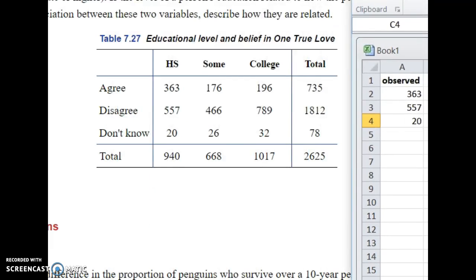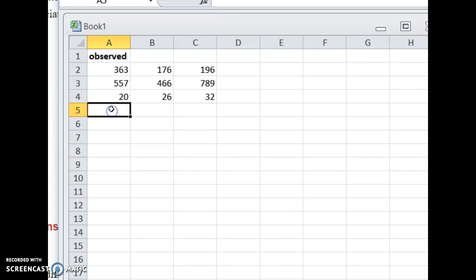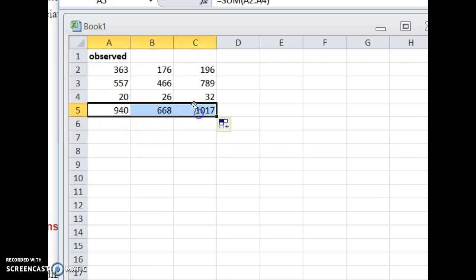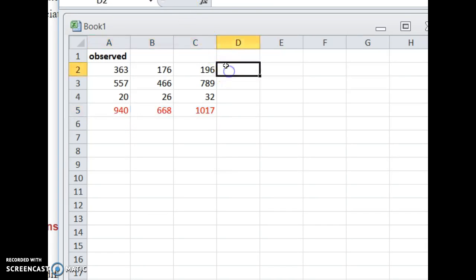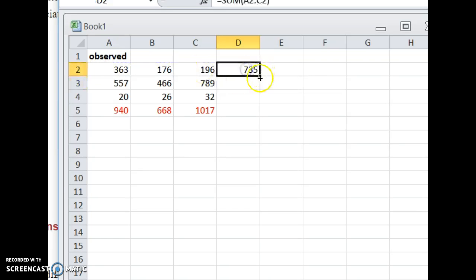Okay, so I just put in those values. I'm just going to find my sums again. And I can click and drag. I'm just going to make those red. Equals sum of these. So I have column sums, and now these are my row sums. Make them red. This is our overall sum, I'll just go ahead and make it bold.